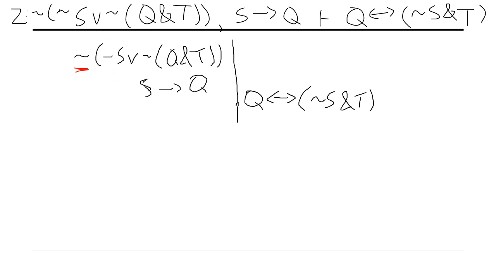So I'm going to take that and flip it across. Q T. Now we've got a wedge as the main operator. So what makes a wedge false is if they're both false.